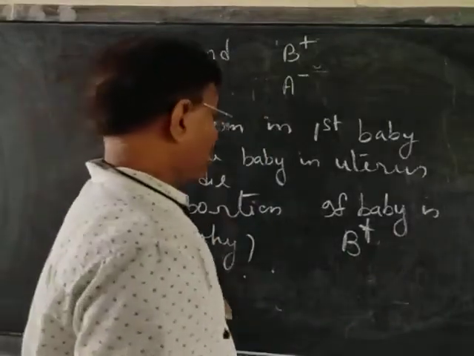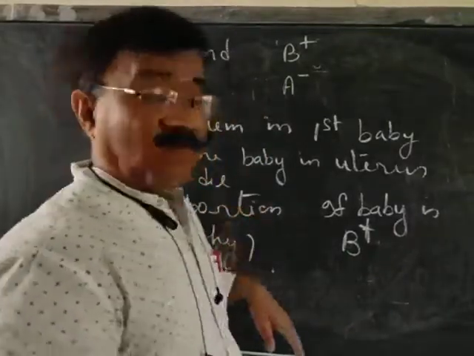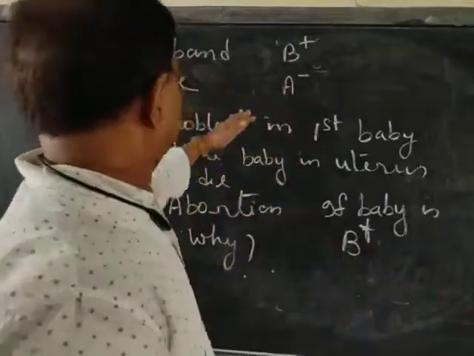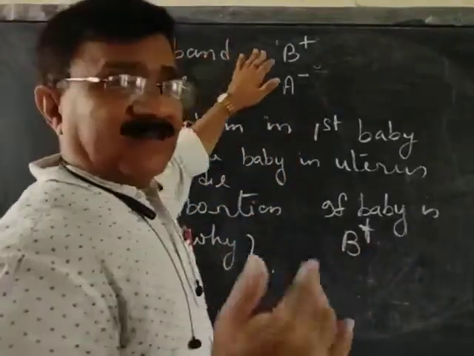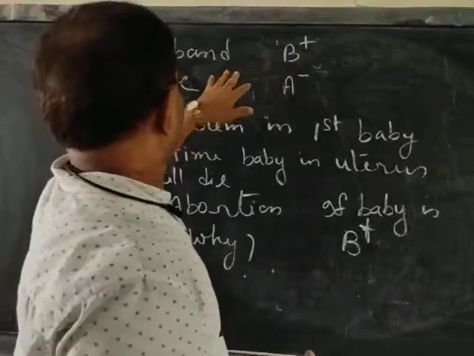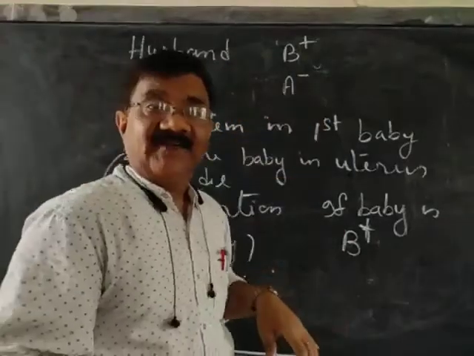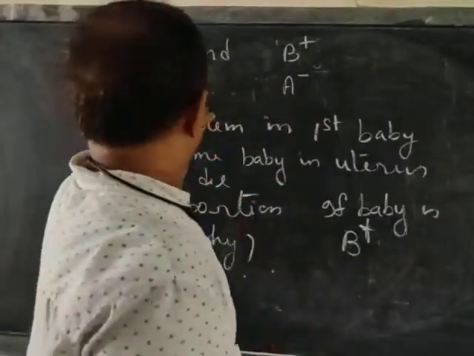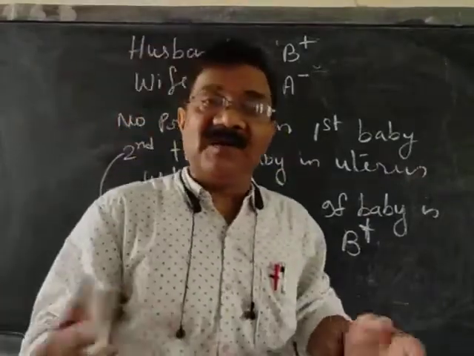Why will it be the same case? Since the baby in the mother's womb is B positive and the mother is A negative, the mother's blood will become sensitized.